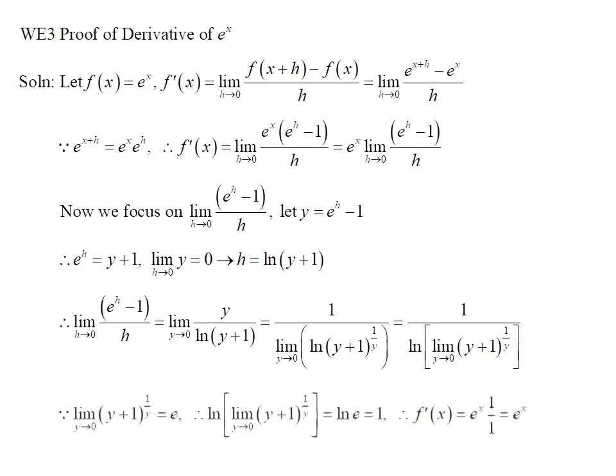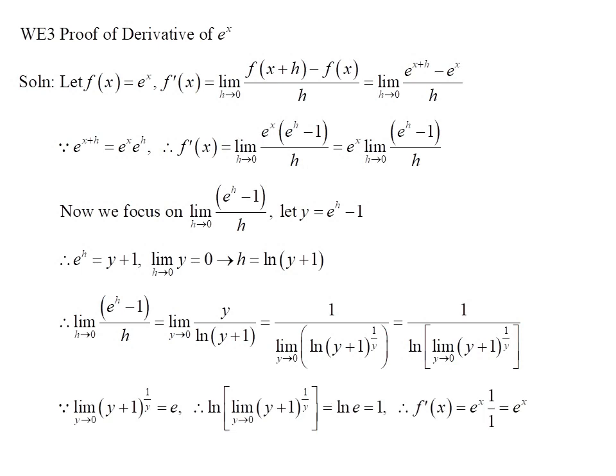Since the limit of y plus 1, all in parentheses to the 1 over y as y approaches 0 equals e, the reciprocal of the natural logarithm of the limit of y plus 1, all in parentheses to the power of 1 over y equals the reciprocal of the natural logarithm of e, which is 1. Hence, the derivative of the function e to the x equals itself.